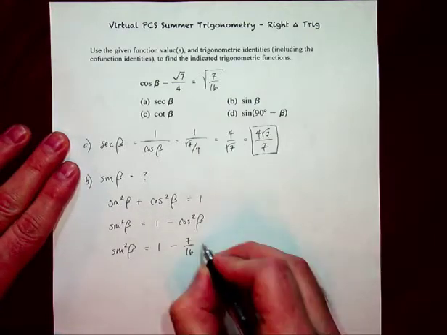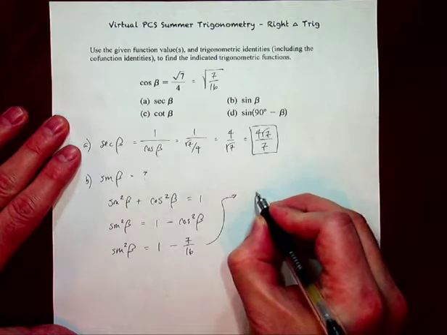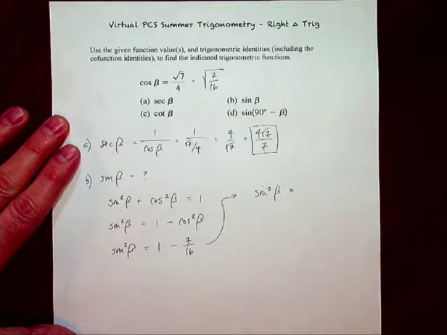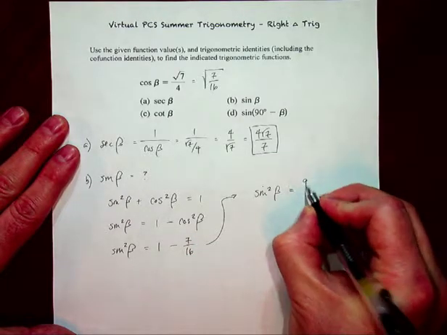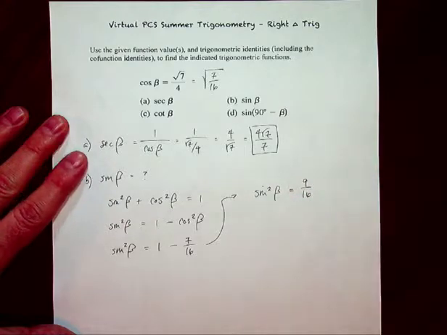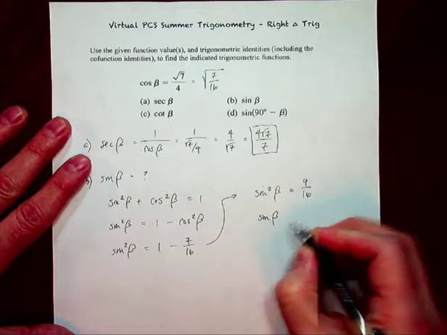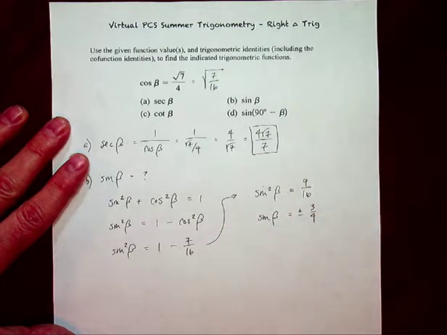Okay, well, let's go ahead so we don't get too far down the piece of paper and start over here in another column. I'm going to get sine squared beta is equal to 16 over 16 minus 7 over 16, so that's going to be 9/16. Okay, and therefore I'm going to get sine of beta is equal to plus or minus 3/4.